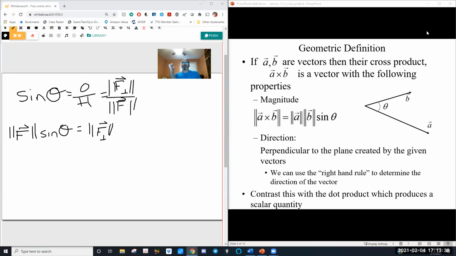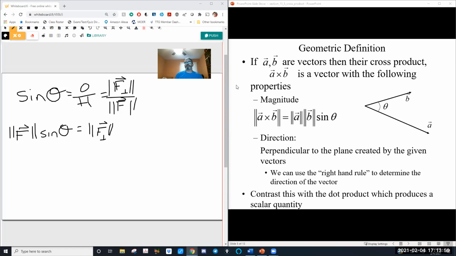So in this case, if we were doing A cross B, the normal vector would be coming out of the screen towards us. If we were doing B cross A, I put my fingers in the direction of B, curl them in the direction of A, and the thumb goes into the screen. That's the way I've always done the right-hand rule.